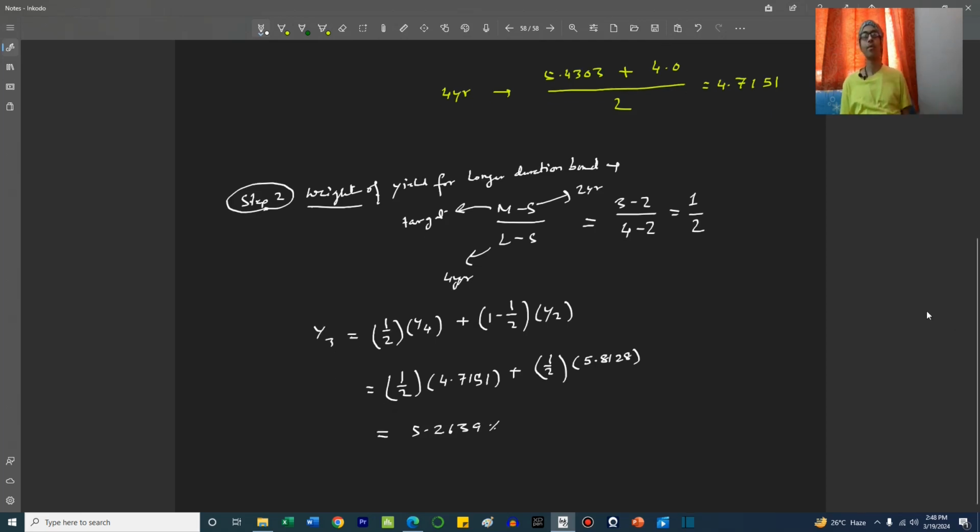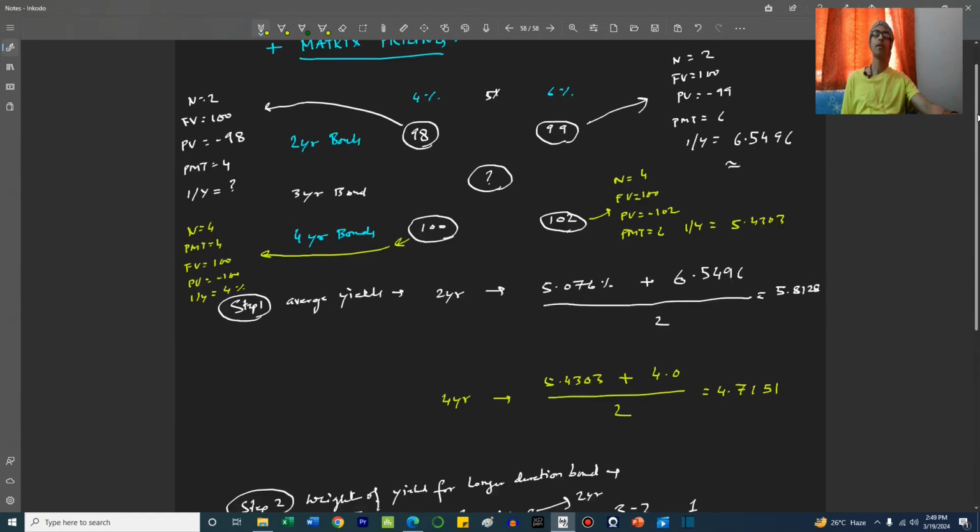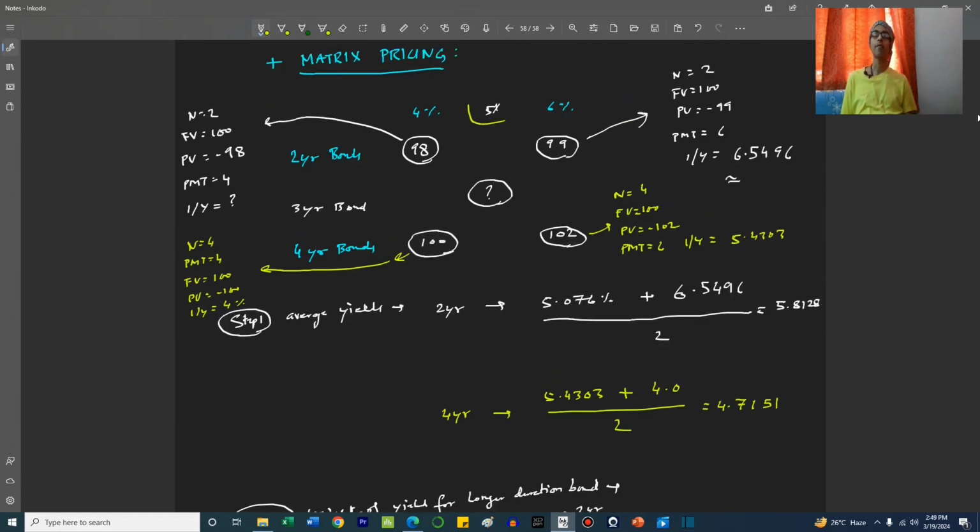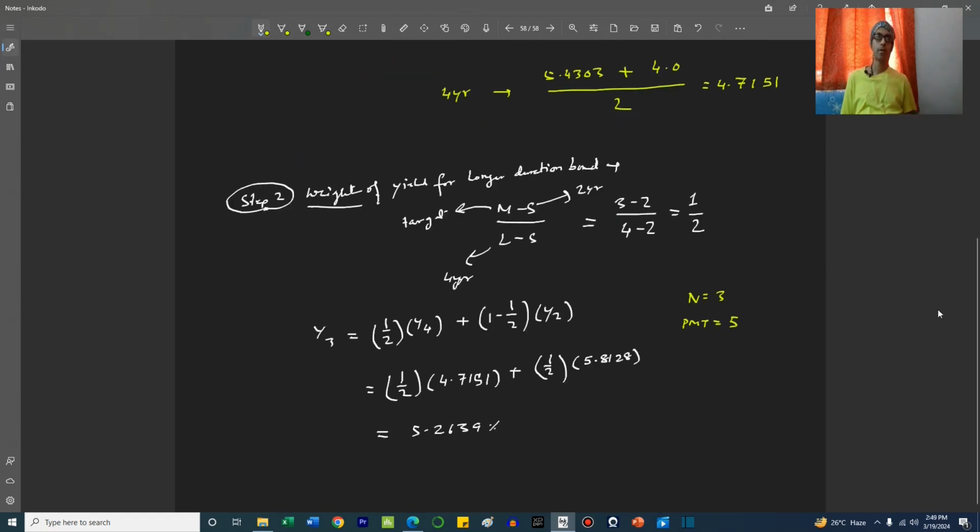Now if we have to calculate the present value, that is the price of this bond, how do we do that? We have the period, which is 3 years. We have the coupon, that is the periodic payment. Here the coupon payment is 5. Future value is at par or 100. Yield is 5.2639.